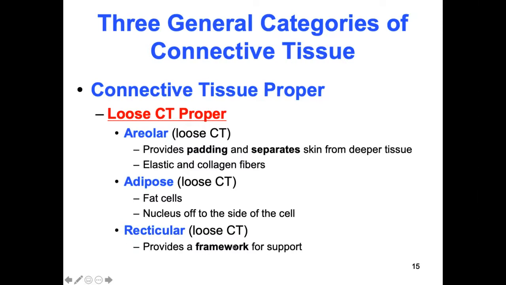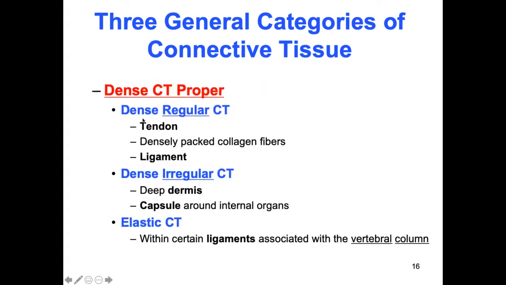Reticular is also loose connective tissue. That just helps to make the framework of many of the organs in the body. So that was loose connective tissue. When we look at dense connective tissue, we have dense regular and dense irregular. Dense regular connective tissue is found in tendons and ligaments, and they are densely packed collagen fibers.